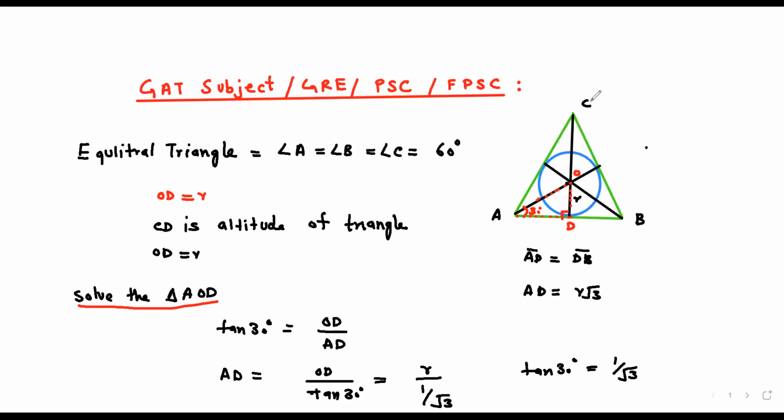Now you know that we have the value of CD, the altitude of the triangle. We also have the value of AB. Now it's easy to find the area of the triangle.